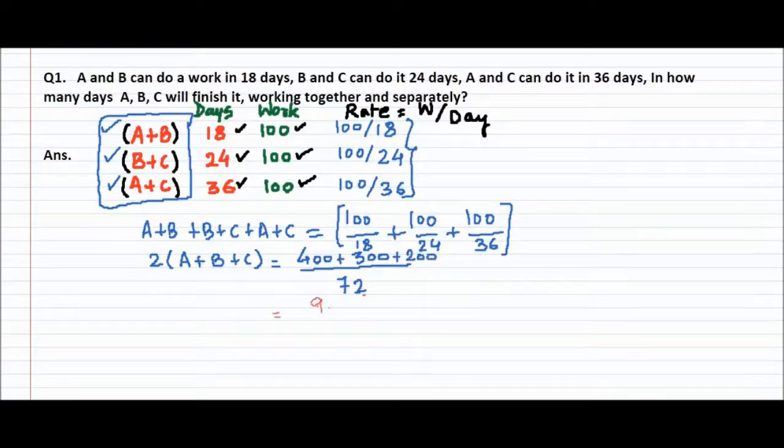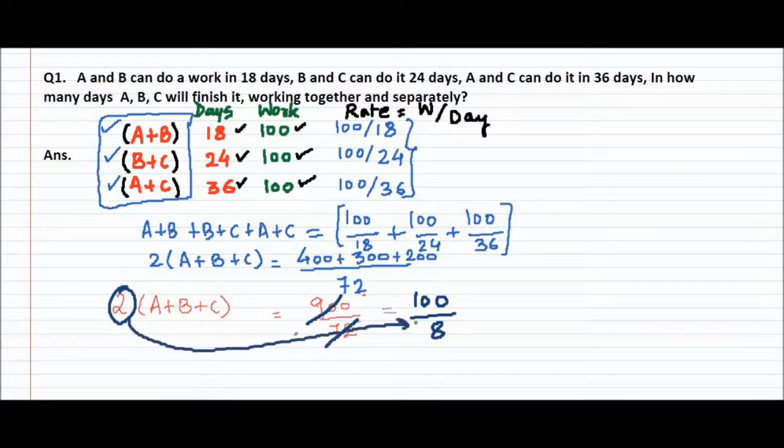This gives you 900 divided by 72, and that is equal to 2 times of A plus B plus C. If I cancel these, I will get 100 divided by 8, and we have 2 here which will come to this side, and thereby the rate of A, B, C combinedly doing the work will be 100 divided by 16.